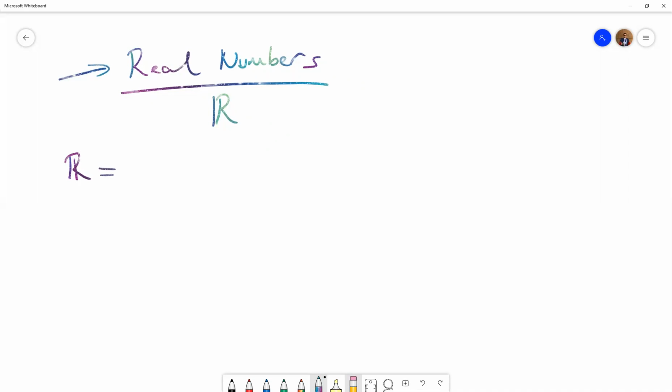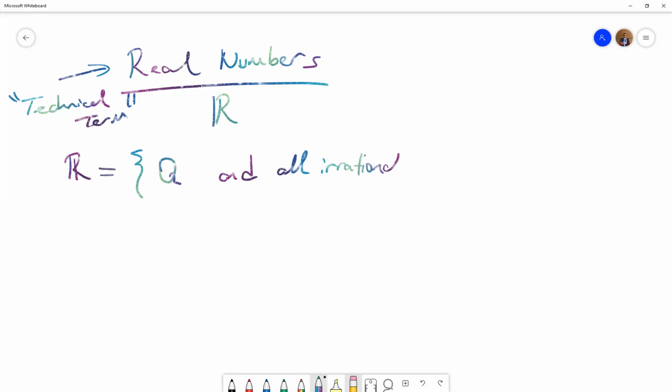What does real mean? You may ask this question. I wrote it in the introduction lecture. I said that it is a technical term, so everything is real, but real numbers is a technical term. So in this set we use Q and all irrationals.